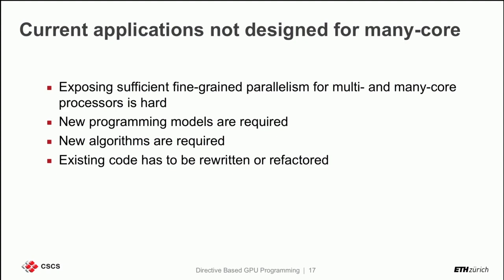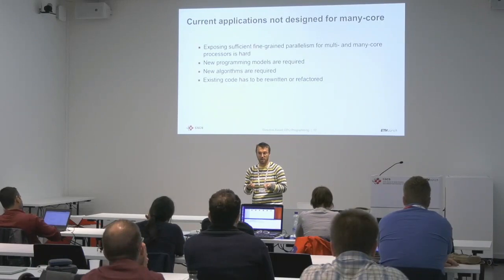So the thing is that applications are not designed for this. You might have seen it also, since most of you are working on projects. You want to parallelize your application to take advantage of this very high parallelism. And as you might have experienced already, in order to exploit such large parallelism, we need to be able to extract fine-grained parallelism.